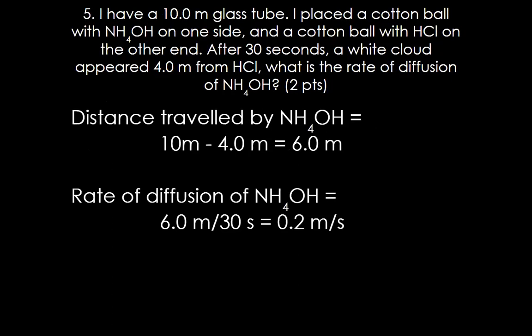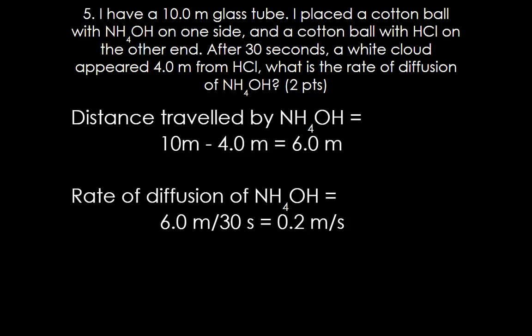And then number 5, if I have a 10-meter glass tube and I place a cotton ball with ammonium hydroxide on one side and a cotton ball with HCl on the other, and after 30 seconds a white cloud appears 4 meters from hydrochloric acid, what is the rate of diffusion of ammonium hydroxide?